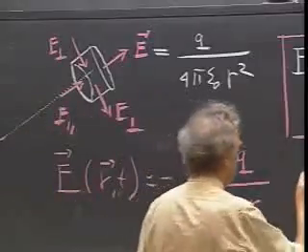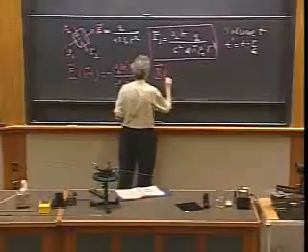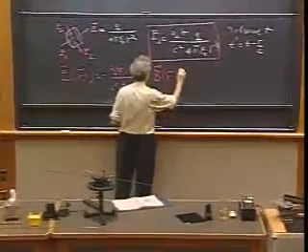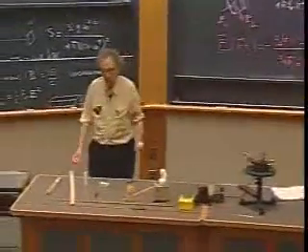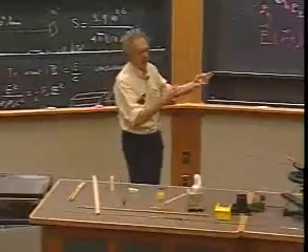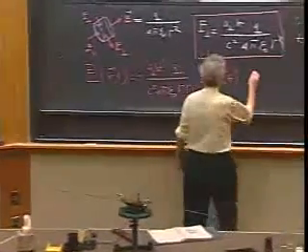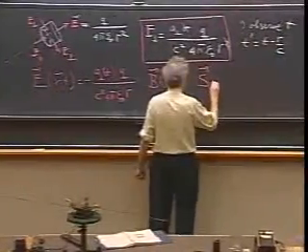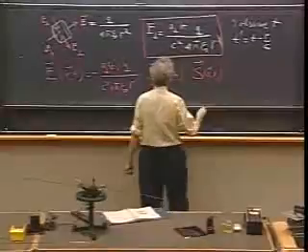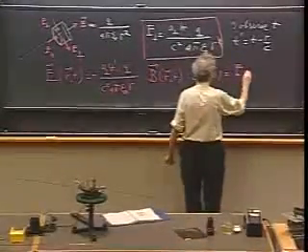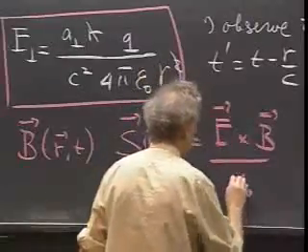You have the privilege to write down for me or for yourself what the associated B field is. It's very easy, of course. The strength of the B field is c times smaller, and you must make sure that E cross B is in the direction of propagation. So I leave you with that. And then we get that the Poynting vector, as a function of R and t, is E cross B divided by mu 0.